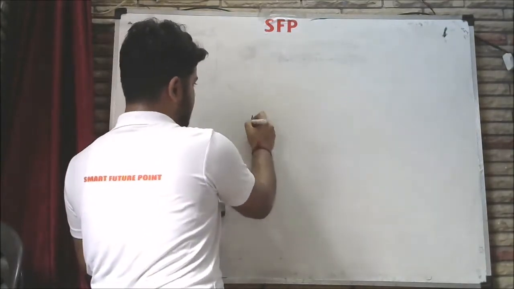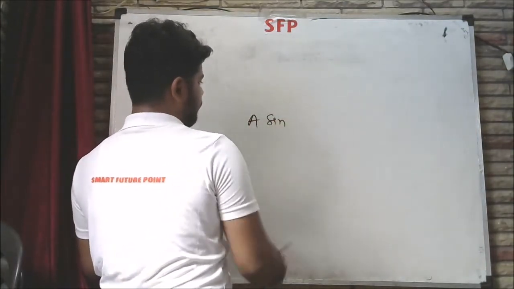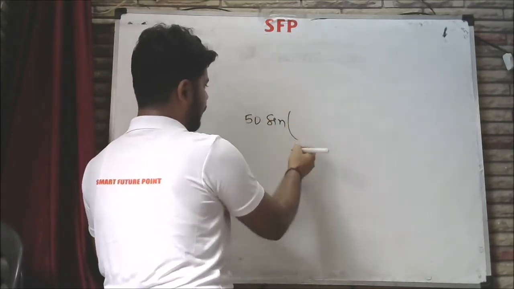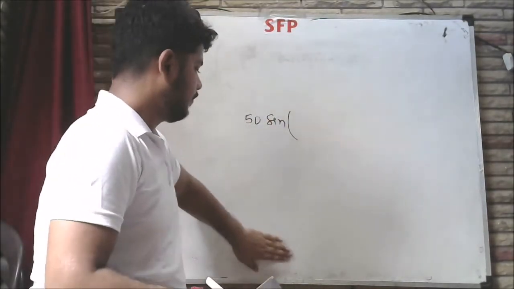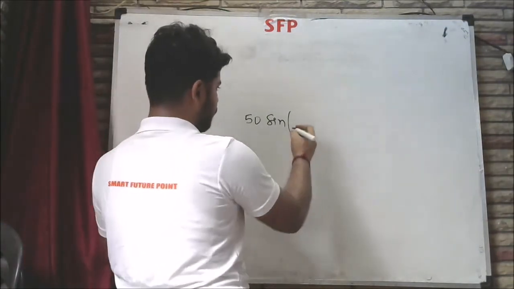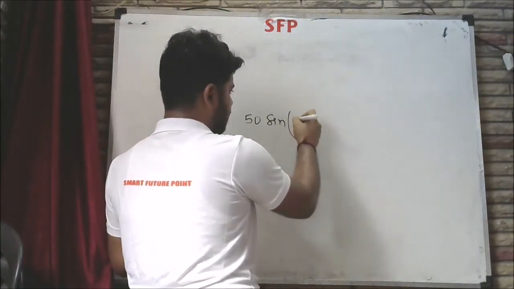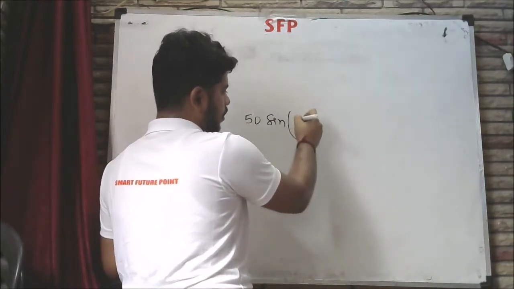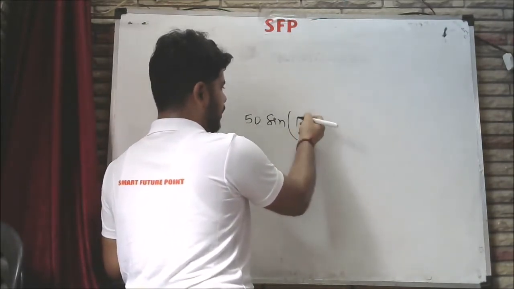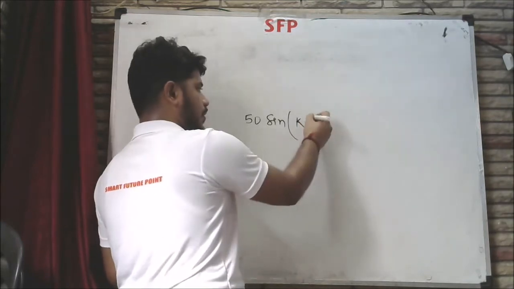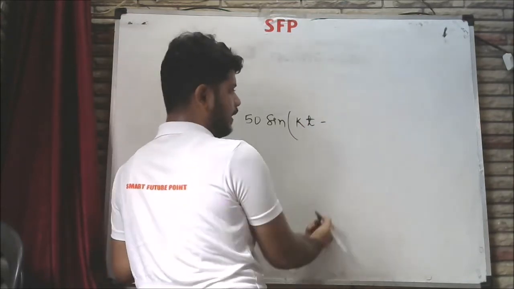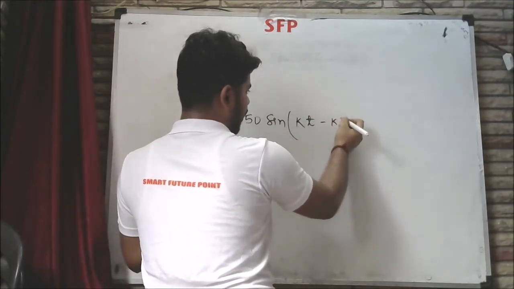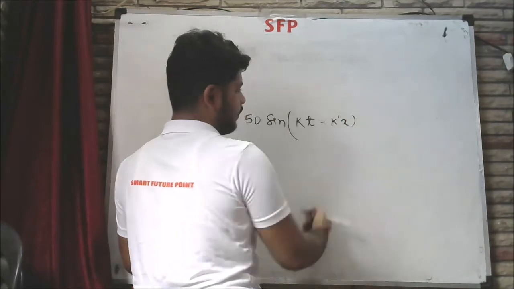For example, if I say A sine, suppose I'm giving you a constant k, kt minus, again I am giving you k dash x.